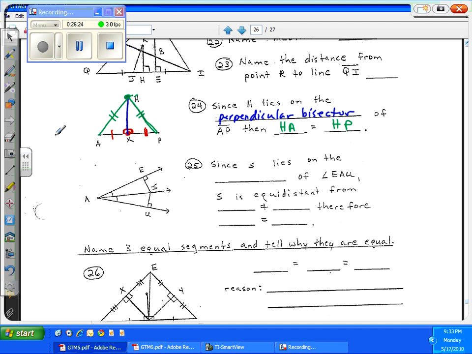Next picture, number 25. Since point S lies on the what? Well, ray AS bisects angle EAU. So point S is the point that lies on the bisector of the angle.